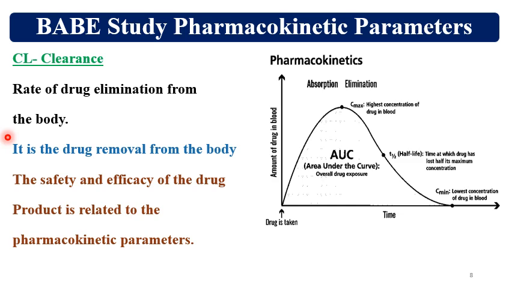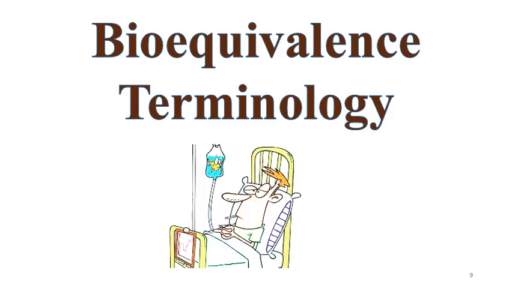All these pharmacokinetic parameters are related to safety and efficacy, and that's why Cmax and AUC are mainly considered as criteria for bioequivalence. The safety and efficacy of the drug product is related to the pharmacokinetic parameters of the drug and the formulation. And all these parameters are considered for bioequivalence, bioequivalence study design, and the bioequivalence study protocol.